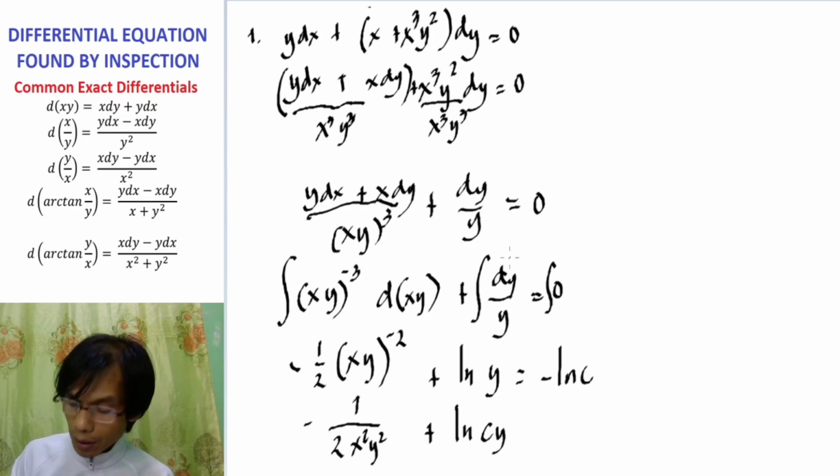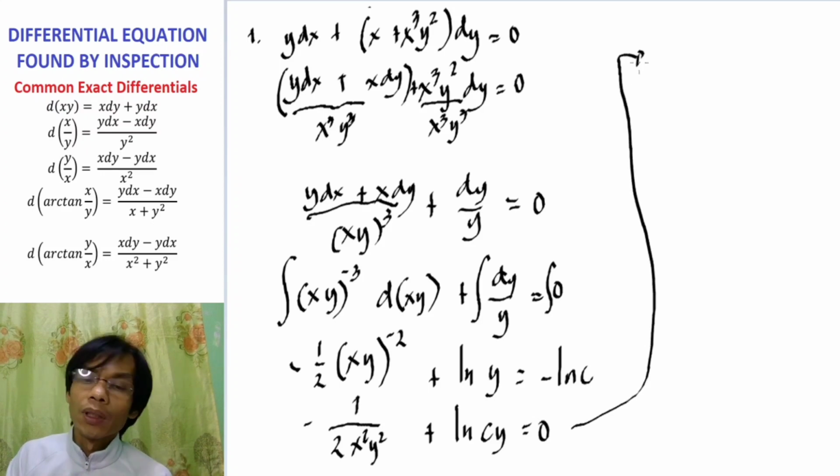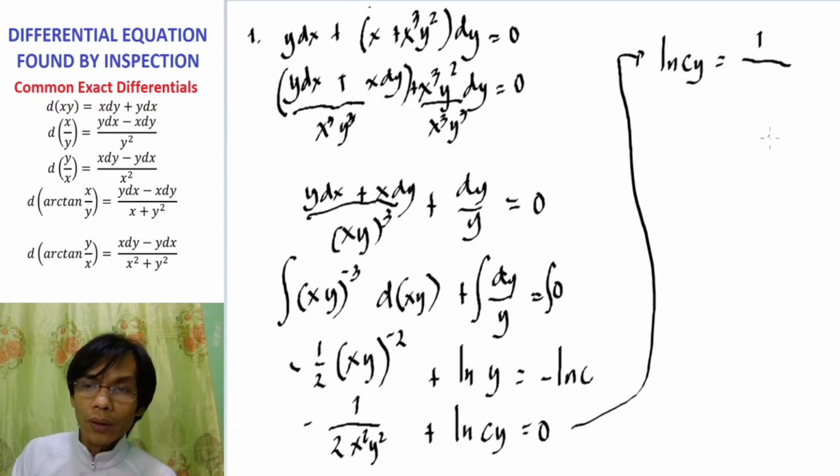We can actually combine this. So that will be ln of y plus ln of c, or that is actually equal to ln of cy. Now, if we put this negative 1 on the other side, we have ln of cy is equal to 1 over 2x squared y squared.